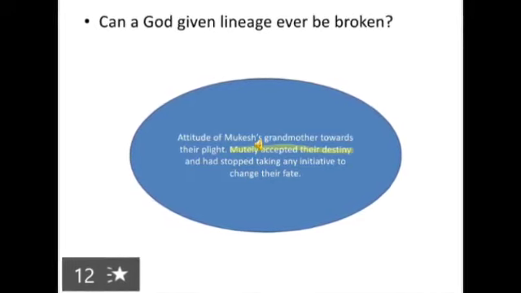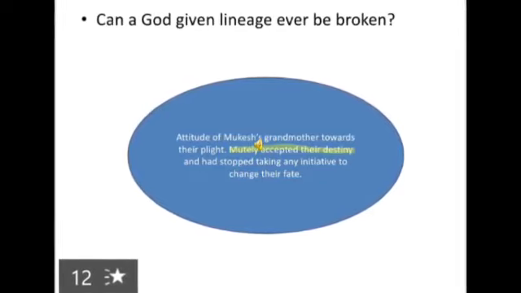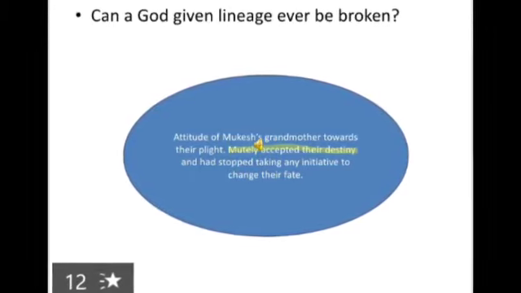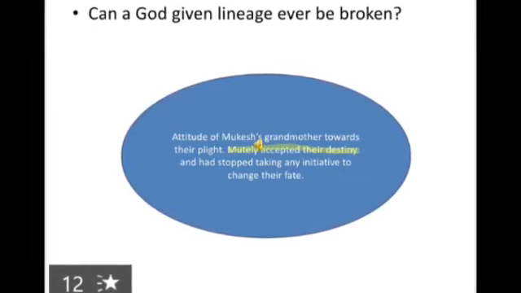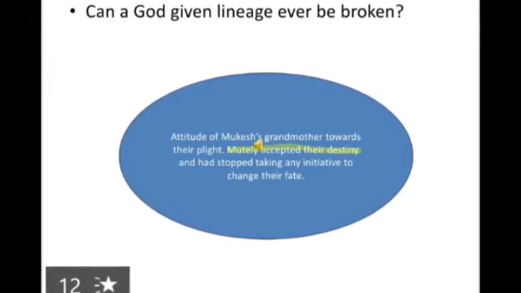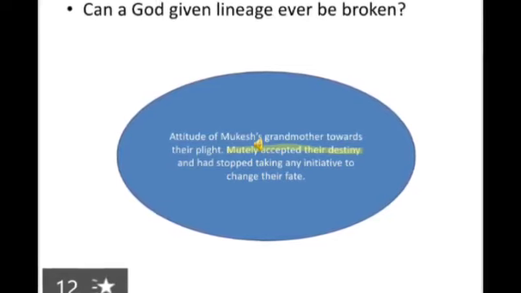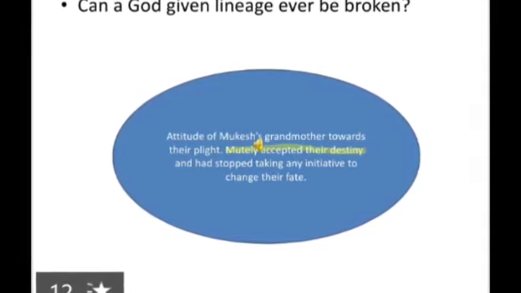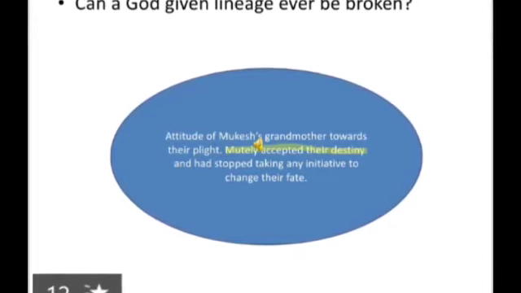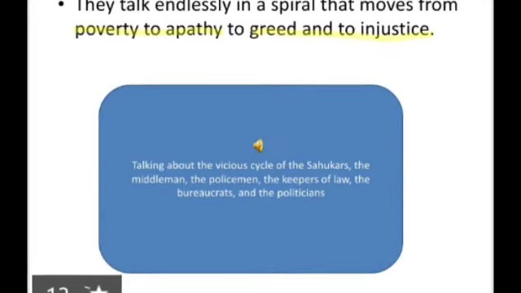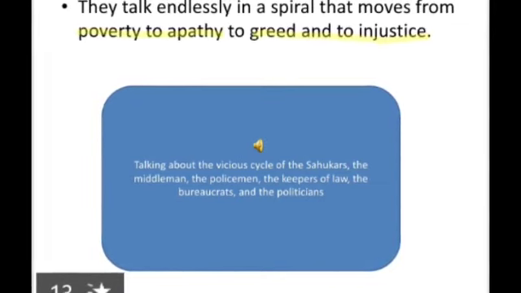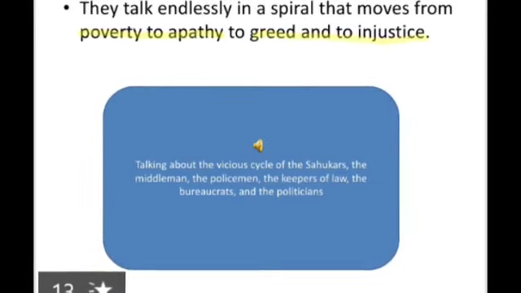This is the attitude of the bangle maker's family, or we can say Mukesh's grandmother, towards their plight. The statement indicates that the slum dwellers have mutually accepted their destiny and had stopped taking any initiative to change their fate. The statement is, they talk endlessly in a spiral that moves from poverty to apathy to greed and to injustice.